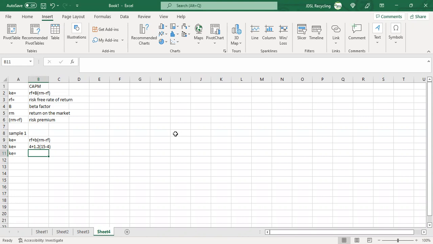17.2%. And please, if you check what we did just now, I used 4, and the question gave us percentages. So it's either we use everything in percentage, though we are still going to arrive at the same answer.